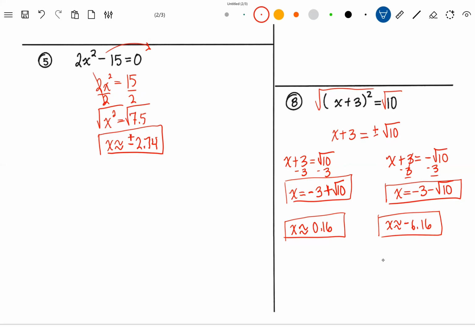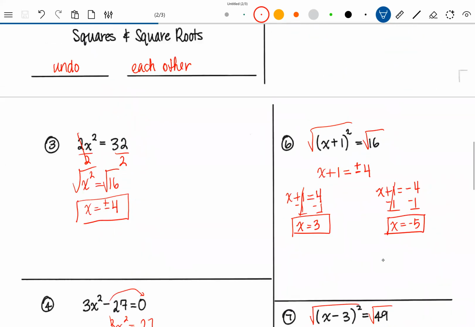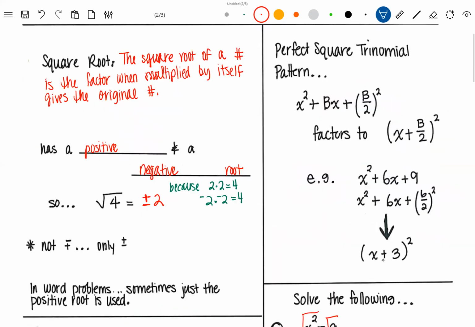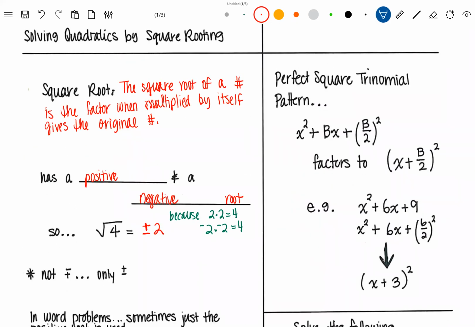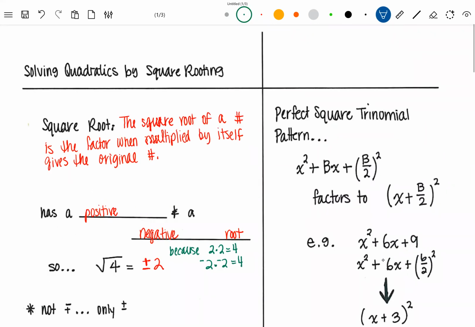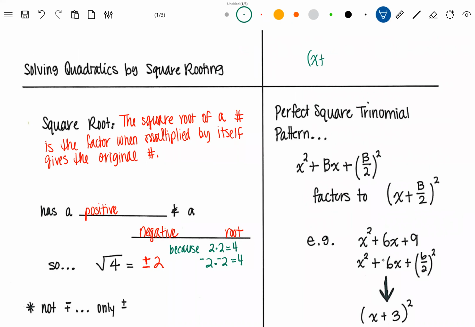Okay. So before we go on to example number 9, let's look back up at the notes and talk about this right here, perfect square trinomial pattern. So back when we were first multiplying these, we would have this kind of a problem, x plus 2 squared.